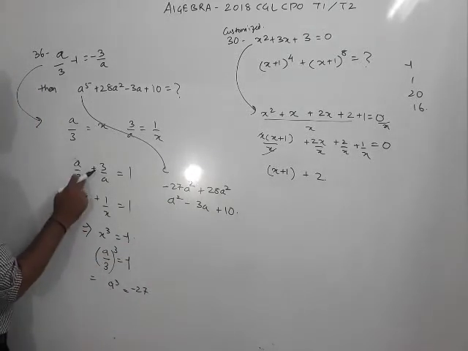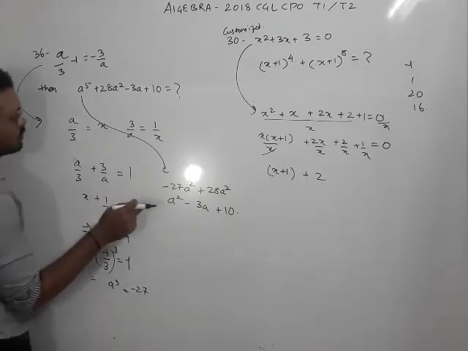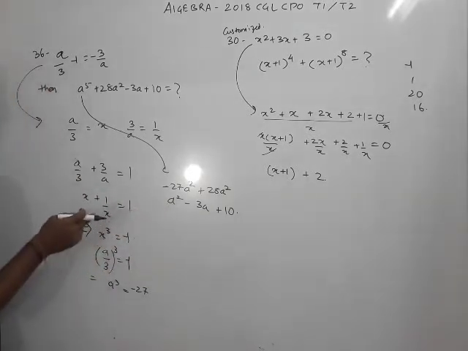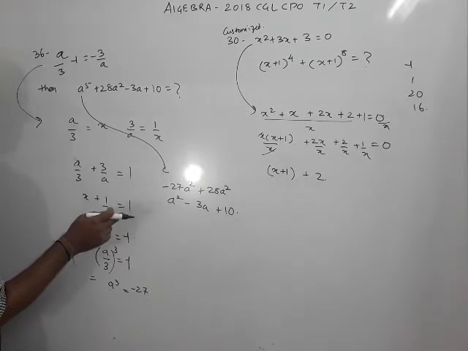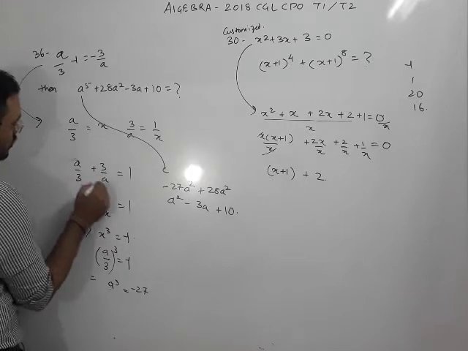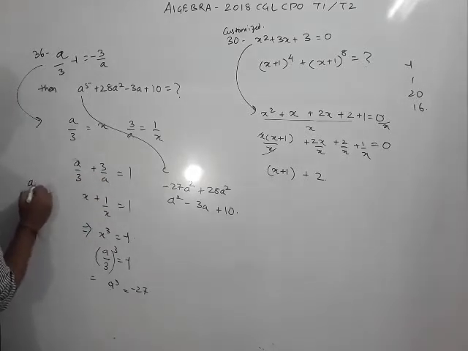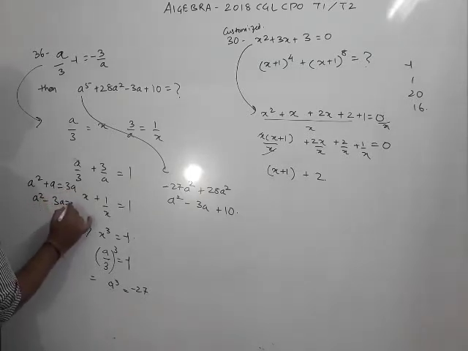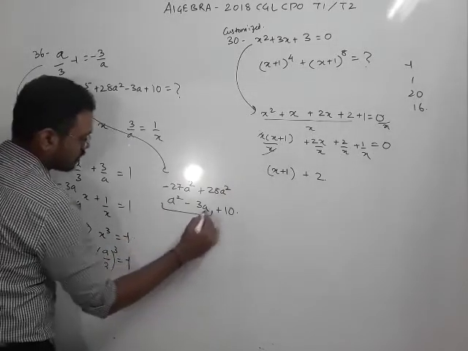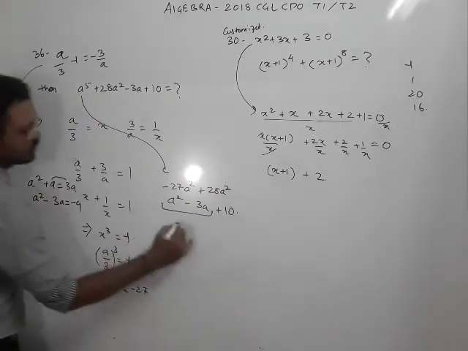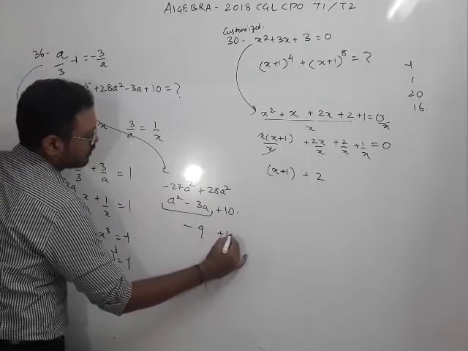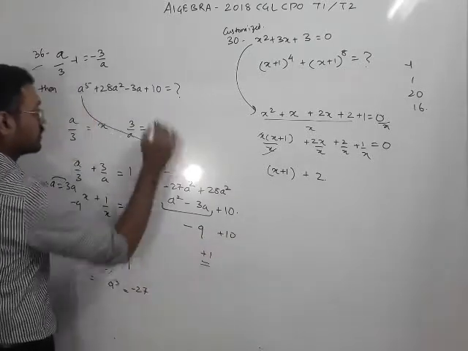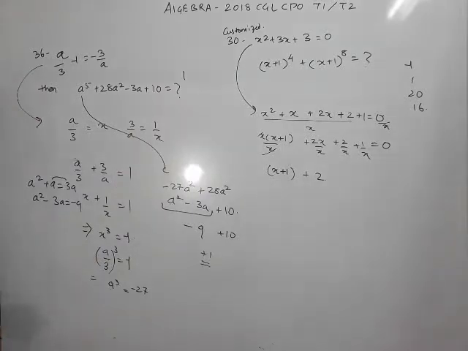What is a square plus 3a? If you cross multiply, this will be a square plus 9 is 3a. So a square minus 3a is minus 9. So this equation becomes my answer.